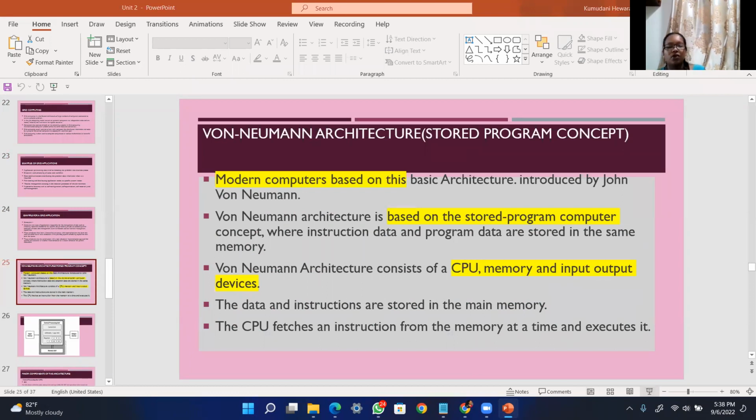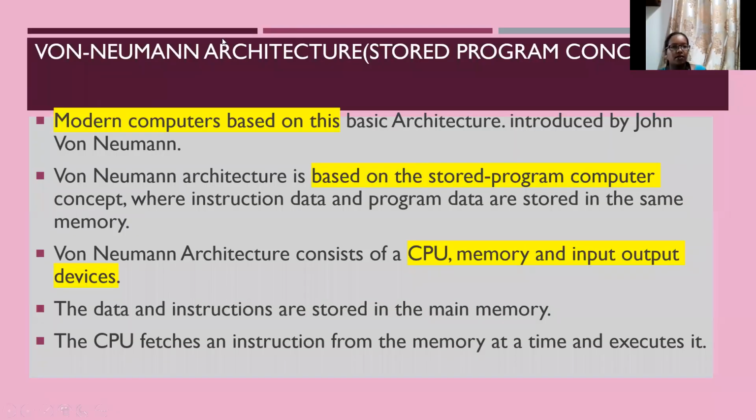Right. Now the von Neumann architecture is also called the stored program concept. This is the architecture that modern computers are based on. Today's computers use this architecture, and it was invented by John von Neumann, right?